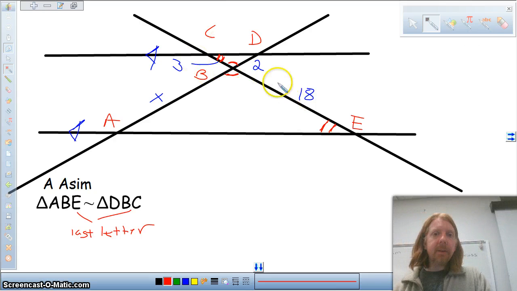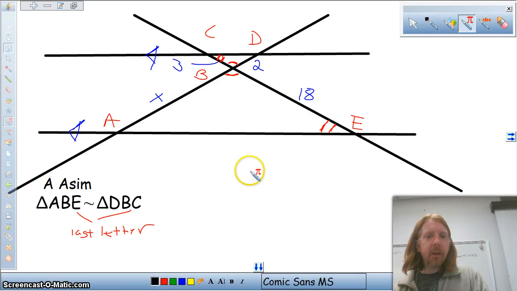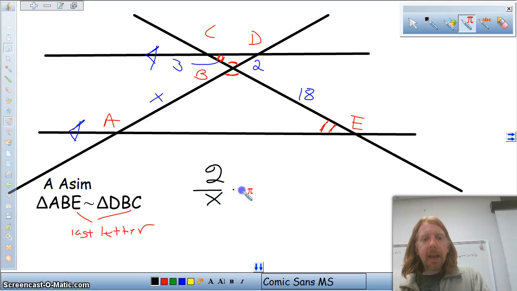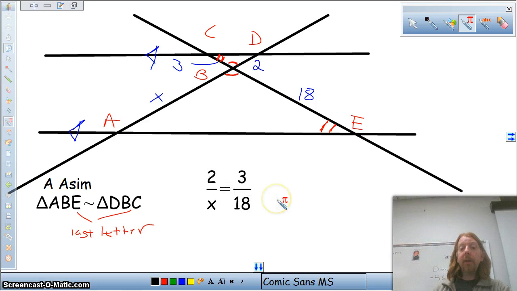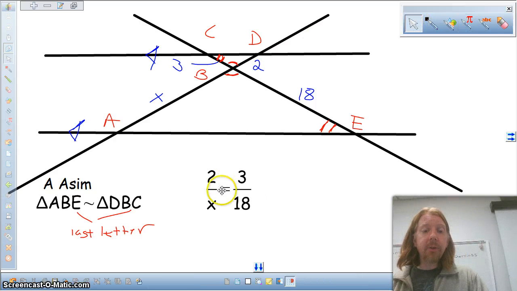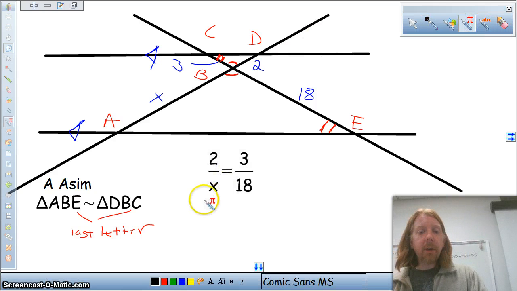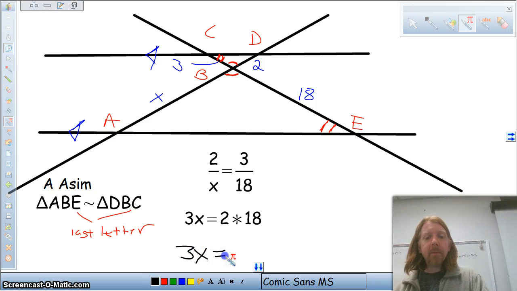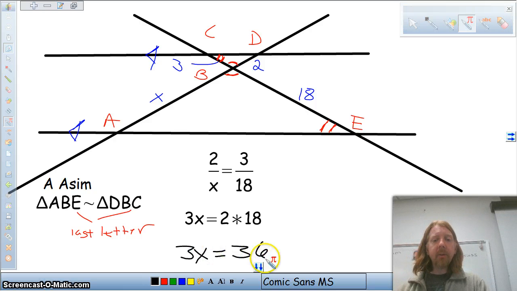Now, taking that the next step, I can write my proportion. Let's see, I'm going to go 2 is to x as 3 is to 18. The other nice thing with this is you have a certain reality check that kicks in. When I cross multiply, I get 3x is equal to 2 times 18, which means 3x is equal to 36.